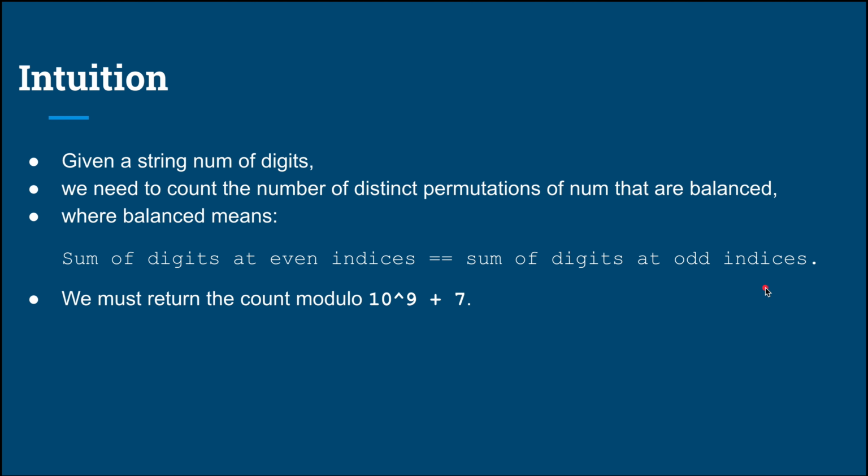See, I am repeating this multiple times to help you understand the intuition of the problem. Until you understand the problem statement, you will not understand the solution. Then at the end we'll take the modulo of 10 to the power 9 plus 7.